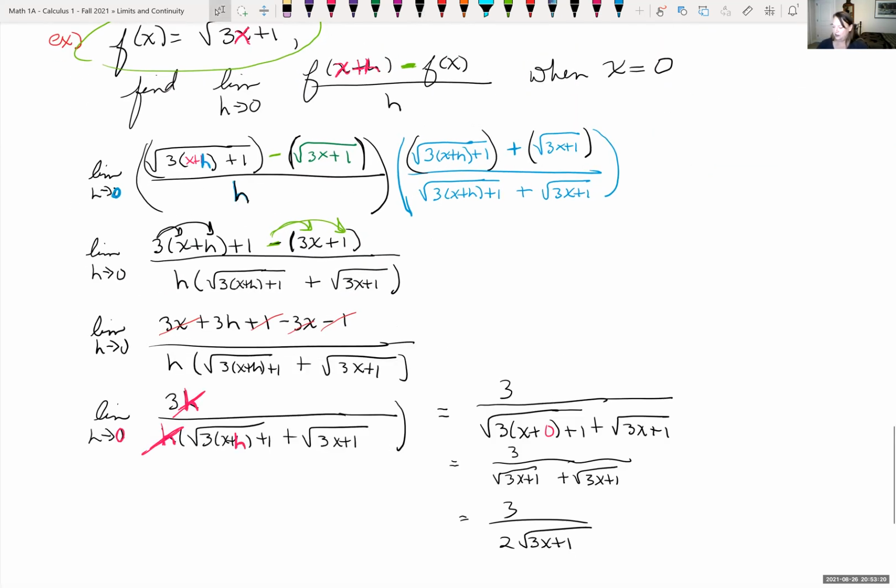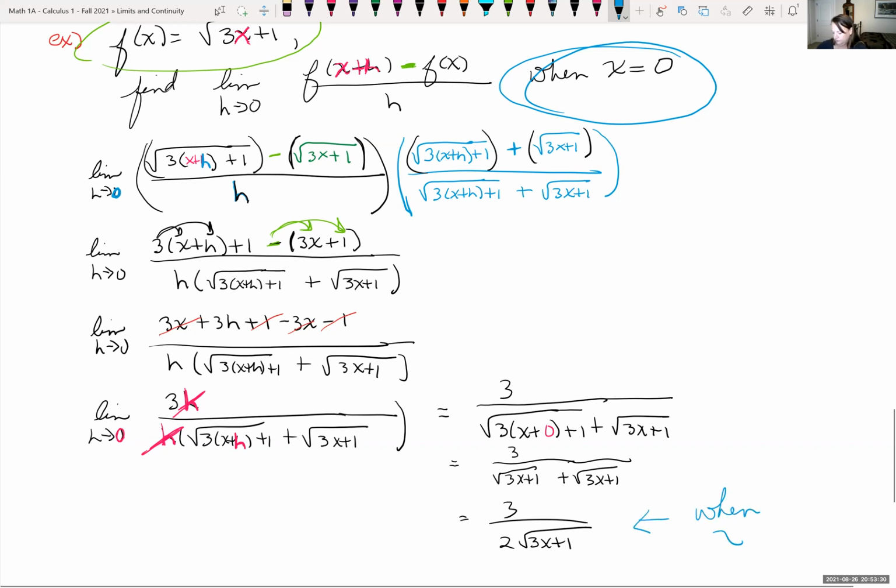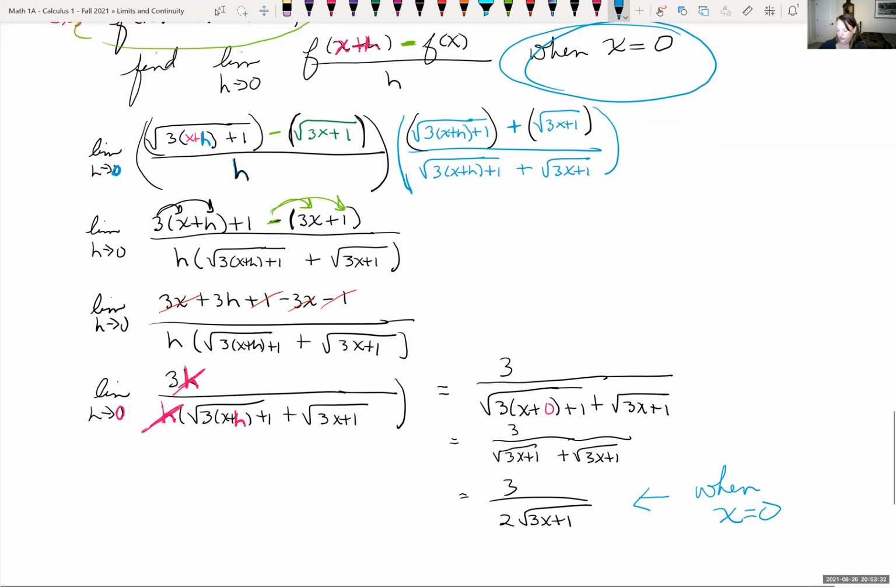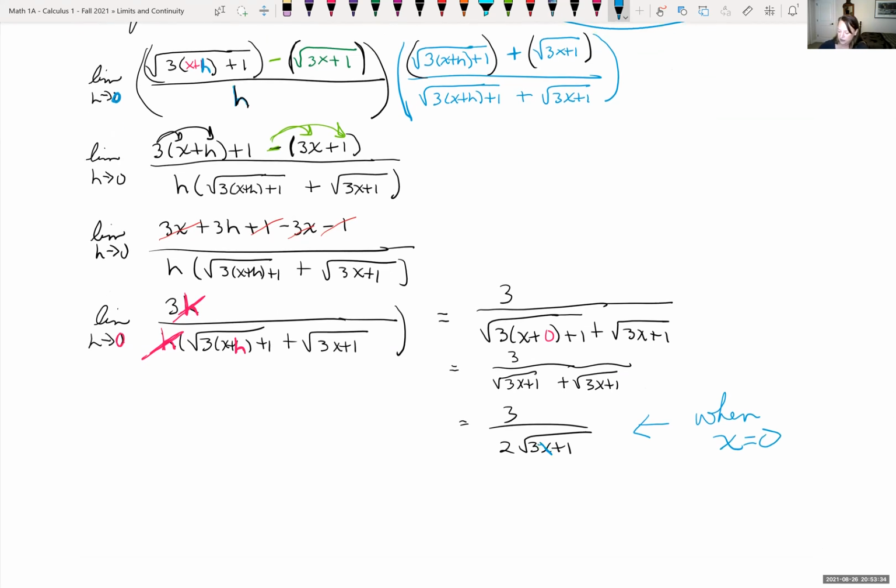We wanted to know what this was when x was equal to 0. So just go in here and plug in 0 for x. If we do that, we get 3 all over 2 square root of 3 times 0, 0 plus 1, so the square root of 1, or 3/2.